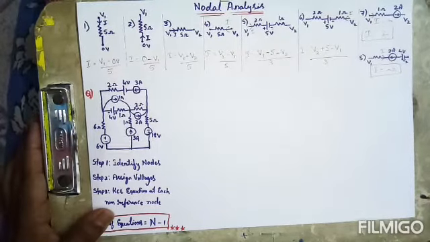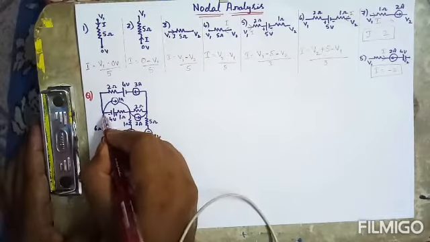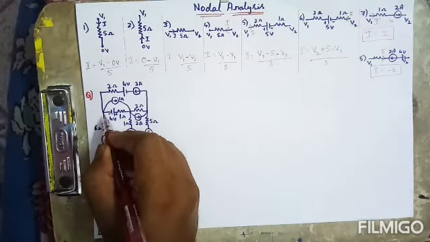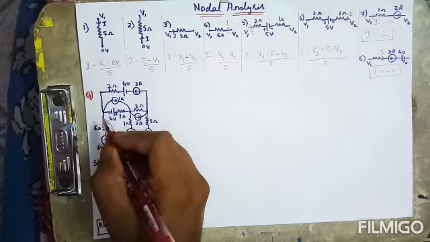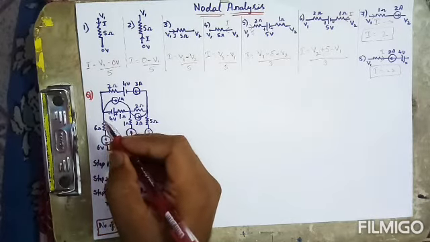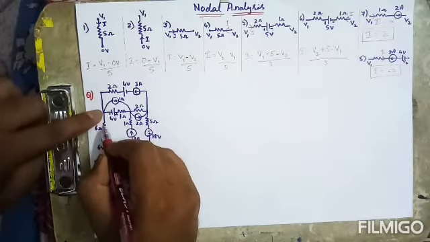To identify the nodes, I can say this is one node. A node is nothing but a point from where we get 2 or more branches. From this point we have one branch here, a second branch, a third branch and a fourth branch.